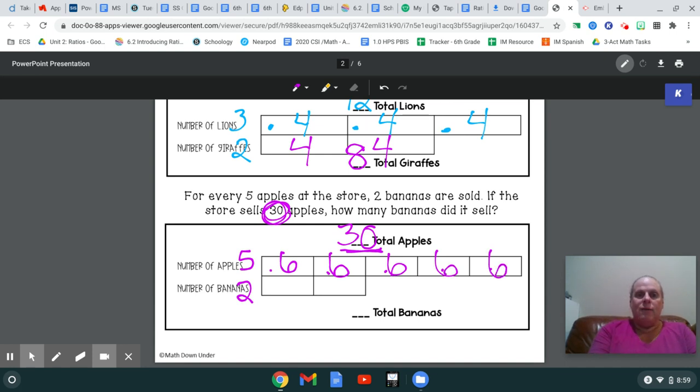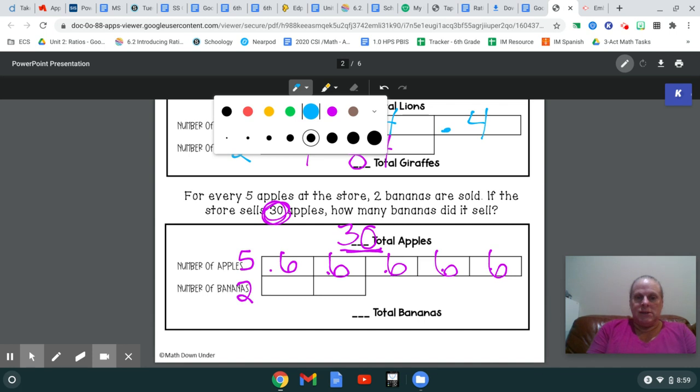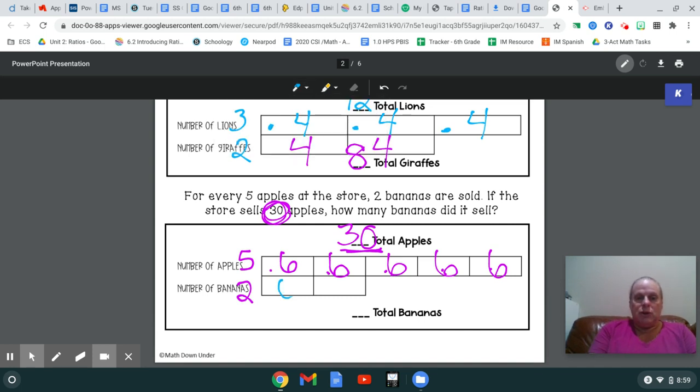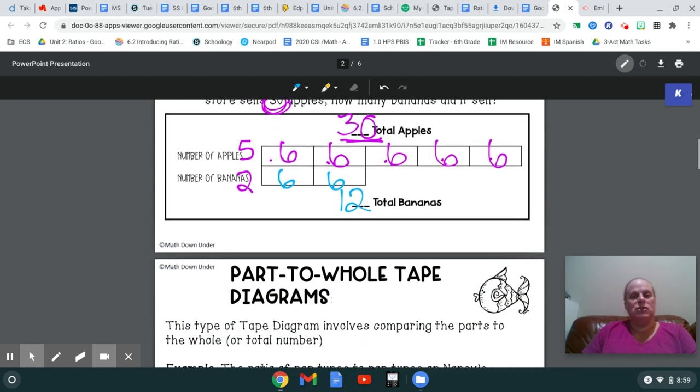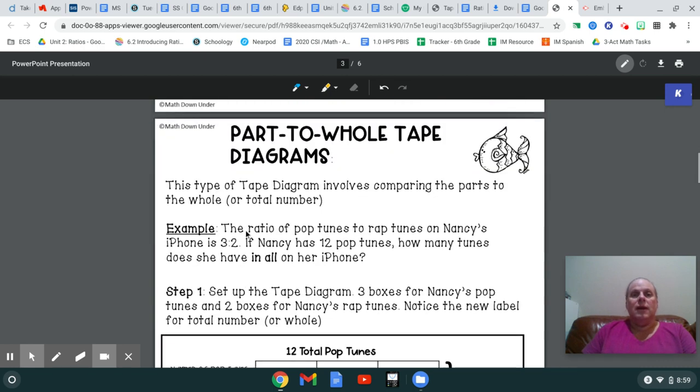Well, if we have 6 in our boxes up above, then we're going to need to put 6 in our boxes down below. So if we have 6 in each of those boxes, how many bananas did it sell on that day? It sold 12.